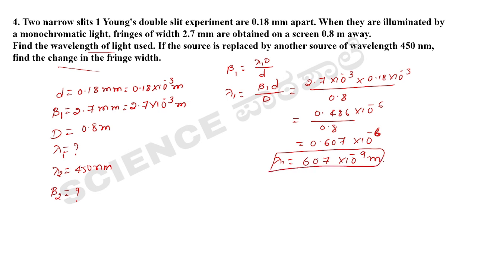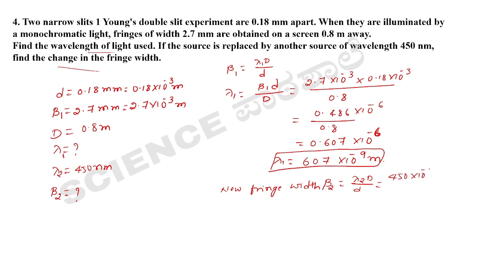Next, if the source is replaced by another source of wavelength 450 nanometer, we have to calculate the new fringe width. That is beta 2 is equal to lambda 2 D by small d. What is lambda 2? They have given 450.